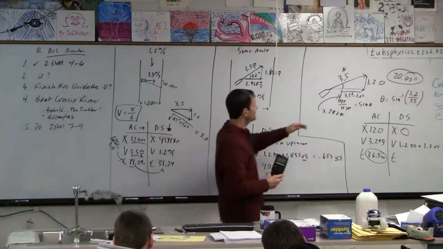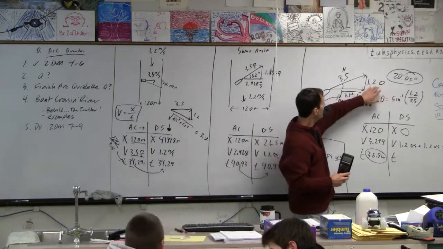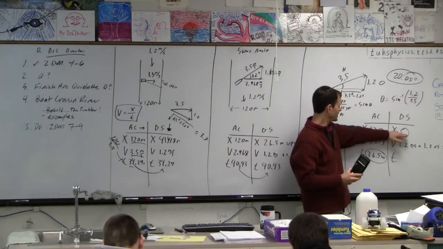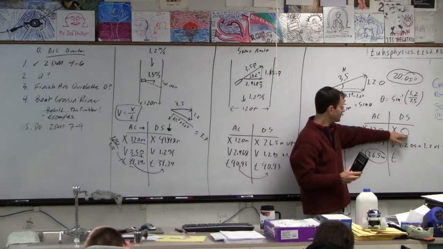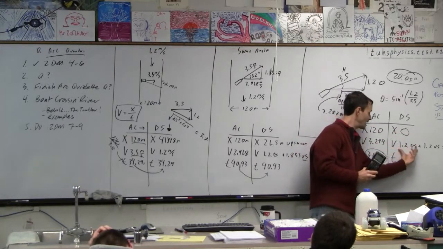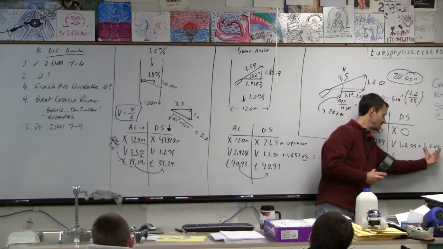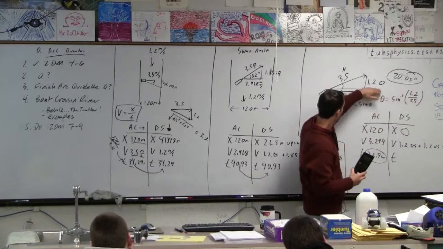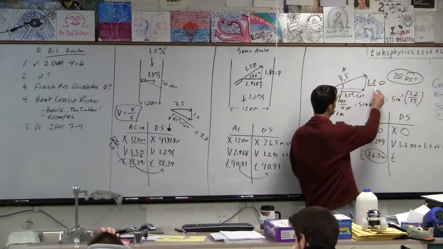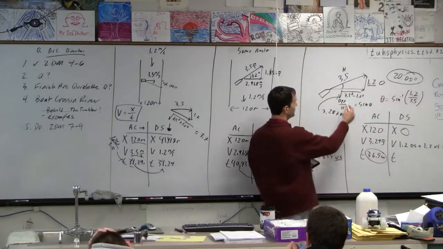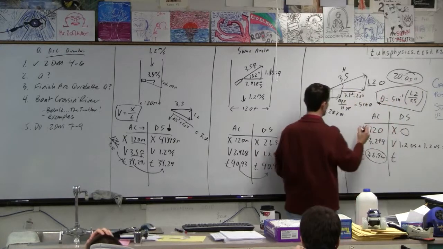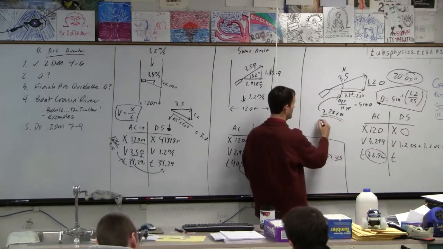So again, this one's sort of backwards. You know that if it's going to go straight across, it doesn't go downstream, that this guy's 0. The only way that can be 0 is if this guy's 0. The only way this can be 0 is that the downstream current is canceled out by this component there. So that's why this guy is 1.2. Then once you know that's 1.2, you can use sine to find the angle. Or you can find the other side and use tan minus 1.